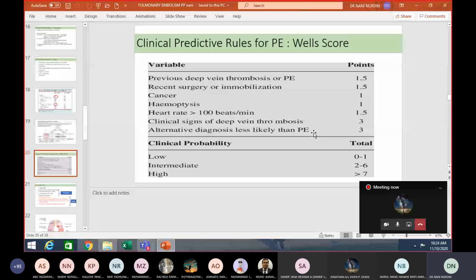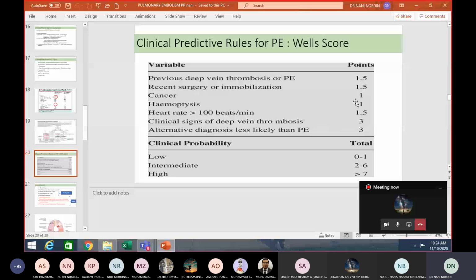If the patient comes with shortness of breath, is there any other thing that can cause this dyspnea? Does the patient have pneumonia or a heart problem? If so, you cannot give this point. Only if you cannot rule in other causes than PE can you give this score.